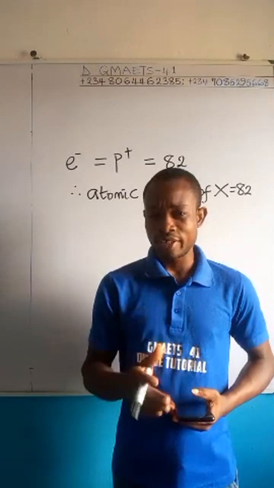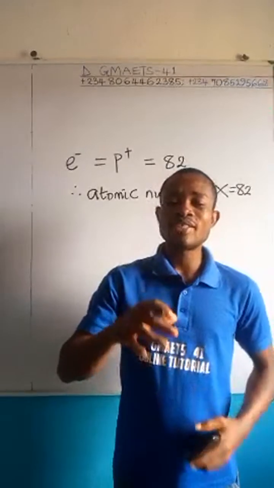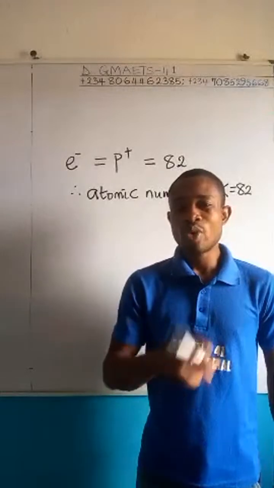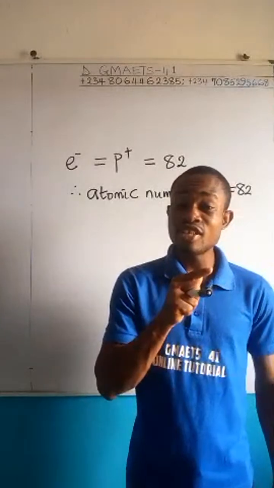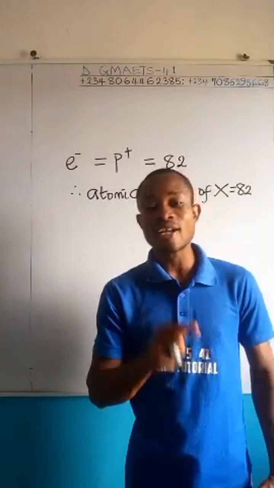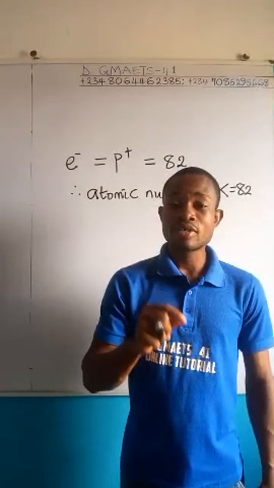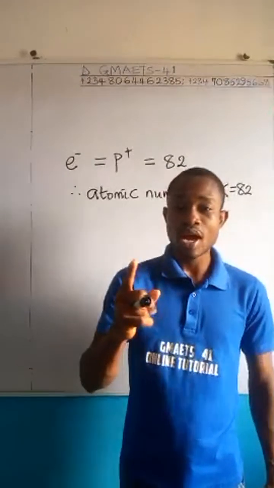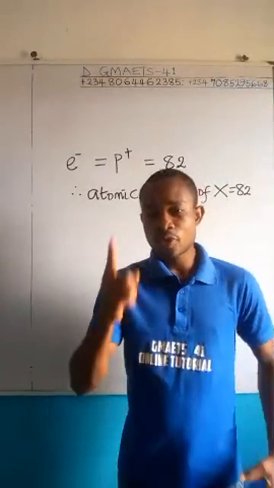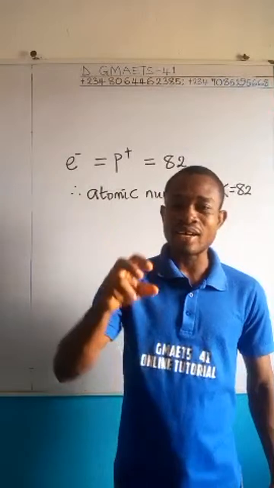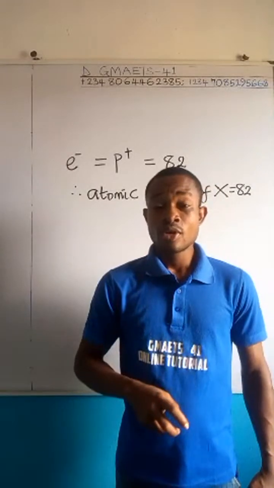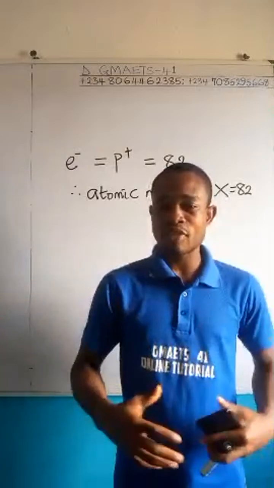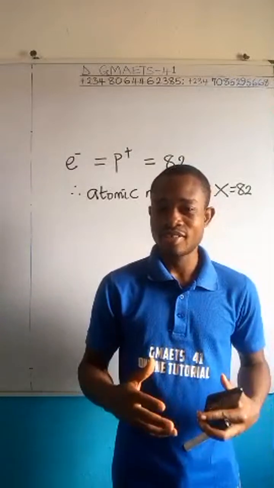I explained that to get the mass number, simply the mass of an atom, we need the atomic particles in the nucleus of the atom. The atomic particles in the nucleus of an atom are the protons and the neutrons. So the protons and neutrons make up the nucleus of an atom, and it is in the nucleus that the mass, the weight of that atom, is concentrated.